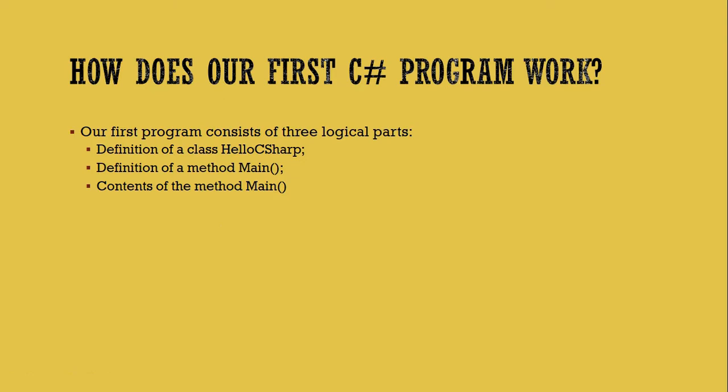So the three parts of a simple C# program consist of the definition of a class, let's say HelloC#, the definition of a method, Main, and the contents of the method.